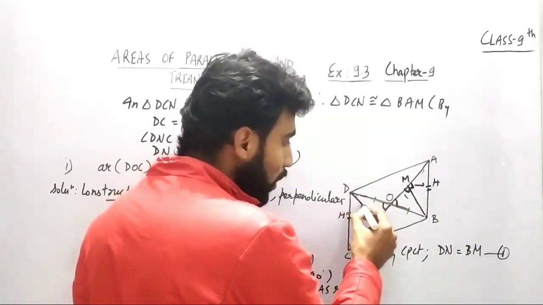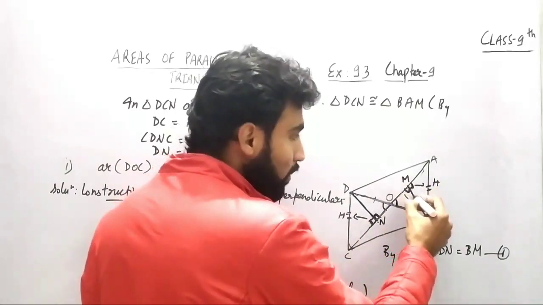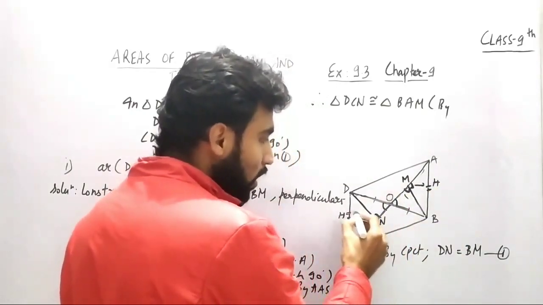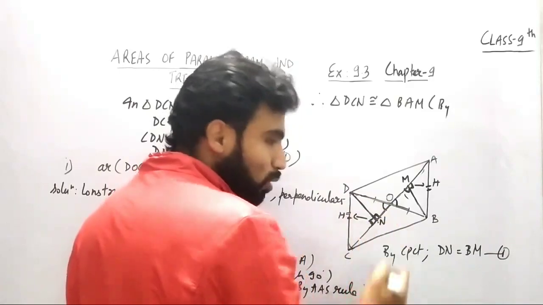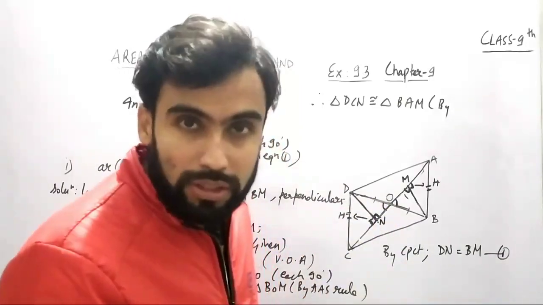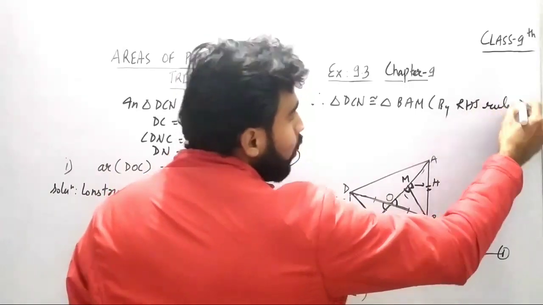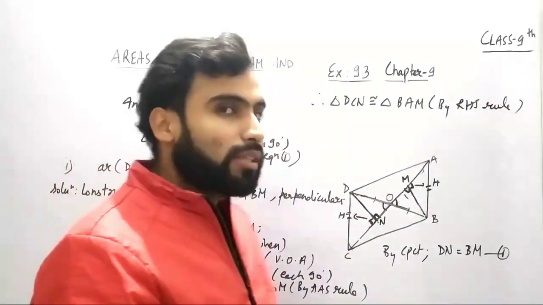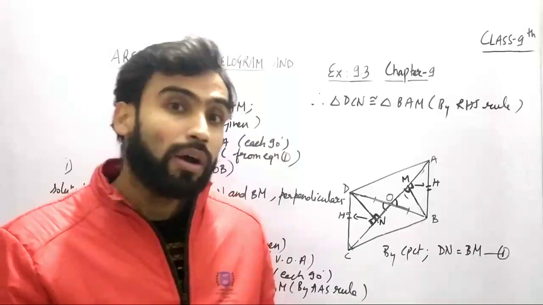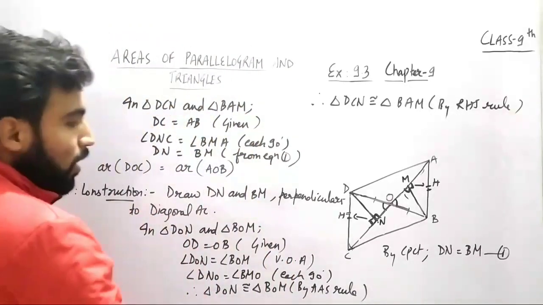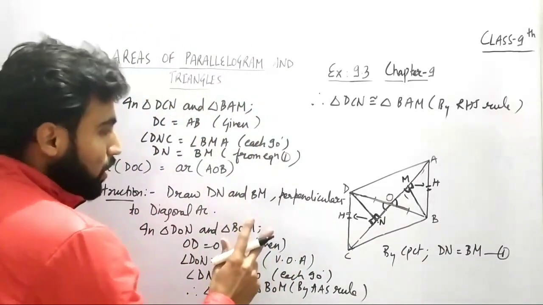Then there is also another perpendicular side here which is equal. So आप देख सकते हैं right, hypotenuse and one side. So by RHS congruency rule, we can say that these two triangles are congruent, right?